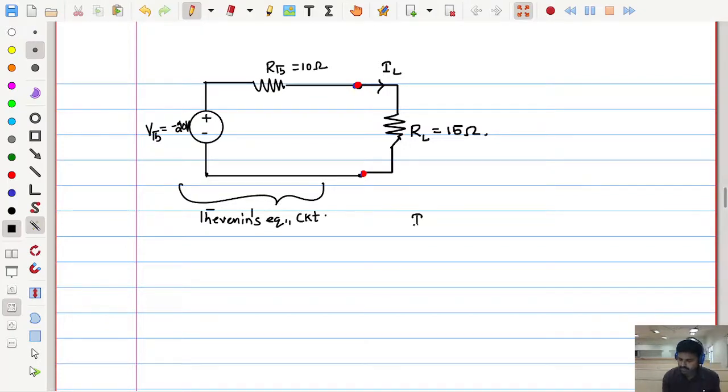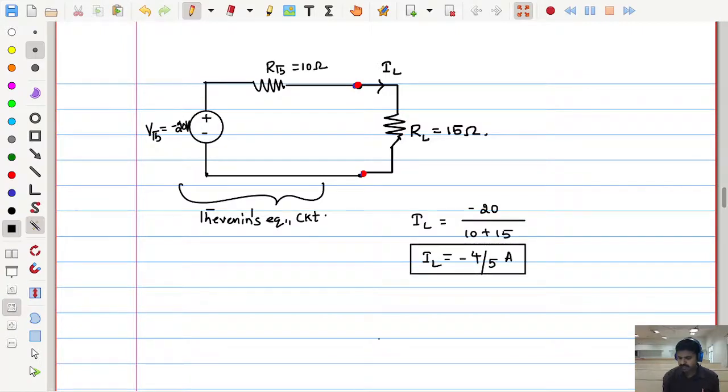Now IL is equal to minus 20 divided by 10 plus 15. How much? Minus 4 by 5 amperes. So in this way we can find the required current by using Thevenin's theorem.